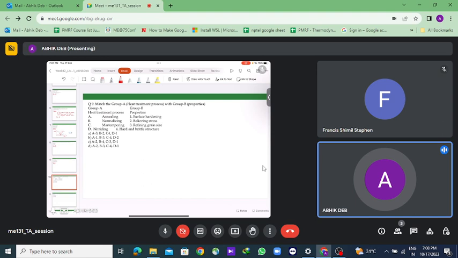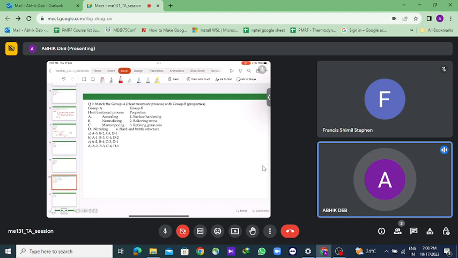In the case of normalizing, it will be relieving the stress. Normalizing will be relieving the stress, annealing will be refining the grain size. See, first you have to decide what you already know. Nitriding will be surface hardening, and tempering will be refining grain size.